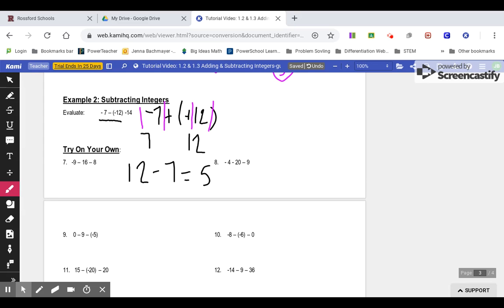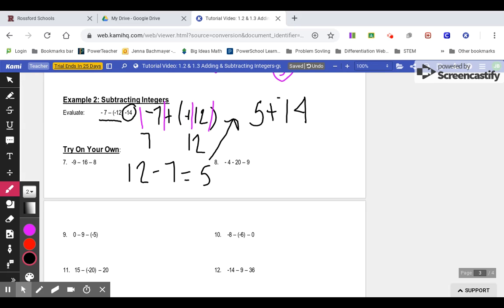But now I still have to subtract this 14 at the end of the problem. So I'm going to bring this 5 over here. I'm going to do 5 minus 14. Keep the 5, change the subtraction to addition, and make that +14 a -14. I'm going to find the absolute value of both of those integers: the absolute value of 5 and the absolute value of -14.